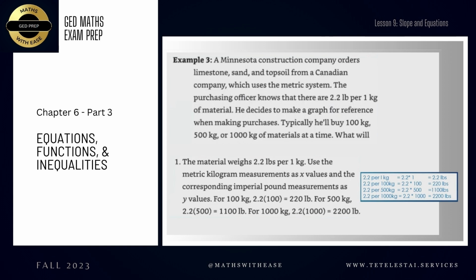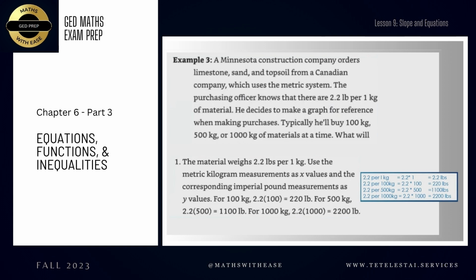So for 100 kilograms, we know that the pound equivalent will be 220 pounds. And so I just rewrote it on this side so that it can be easier to see what they're doing here. We've already established that 2.2 pounds represents 1 kilogram. In other words, if we have 1 kilogram, the equivalent is going to be 2.2 pounds, and we found that by multiplying 2.2 by 1.